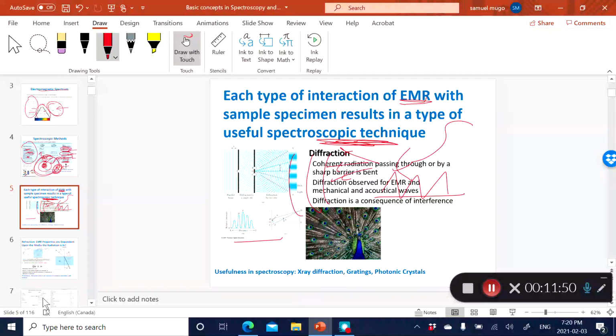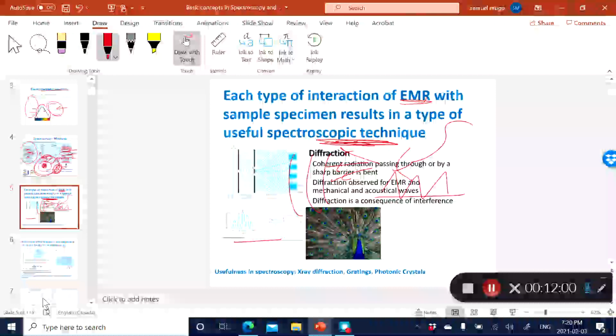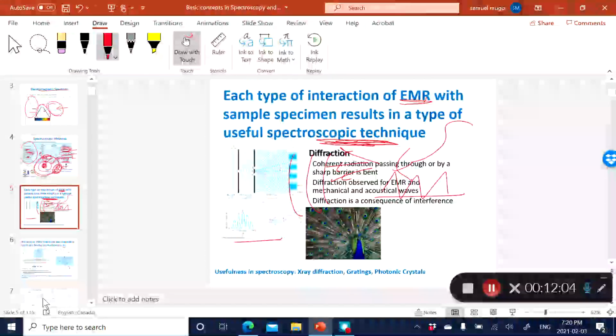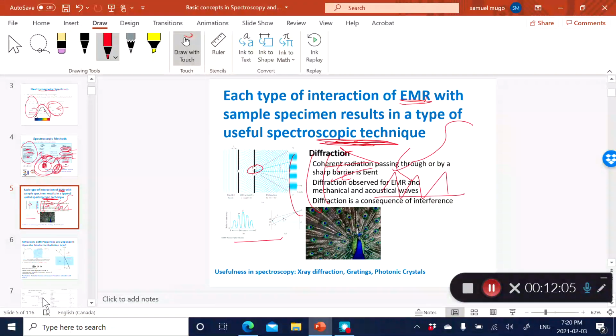Now, similarly, diffraction can be explained if you take electromagnetic radiation and have it pass through a very, very small exit slit, like a hole. And because of that, again, you get the light splitting into its component wavelengths.